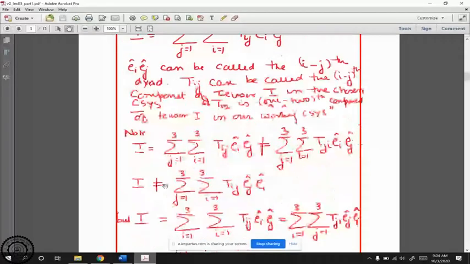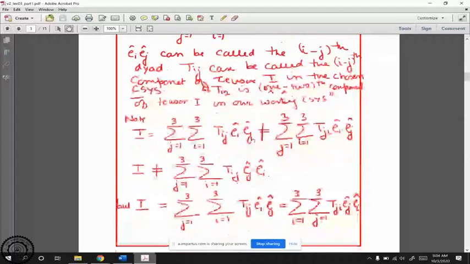Now, pay attention to the indices here. If you are writing Tij, Ei, Ej, perfectly fine. This is how I wrote earlier. But you cannot write this tensor as Tji, Ei, Ej. The order of the indices on the scalar component should always match the order in which the indices appear in the dyad.